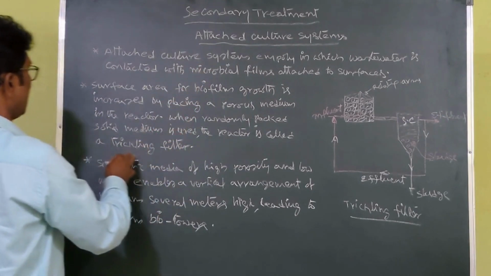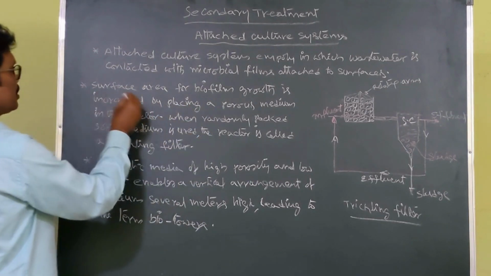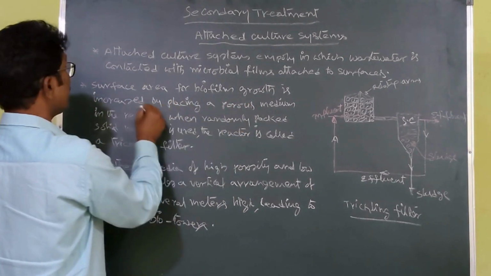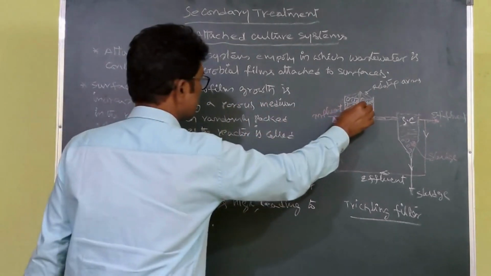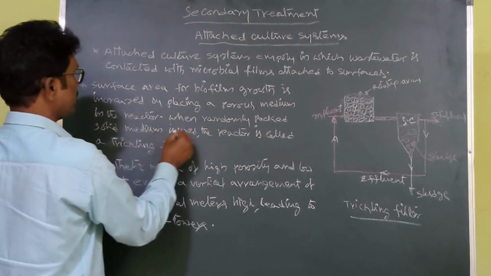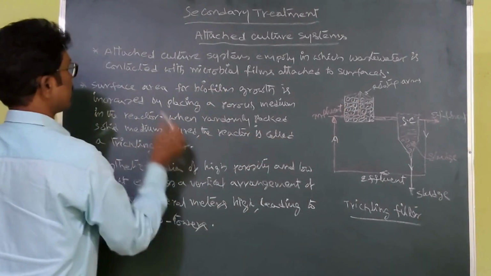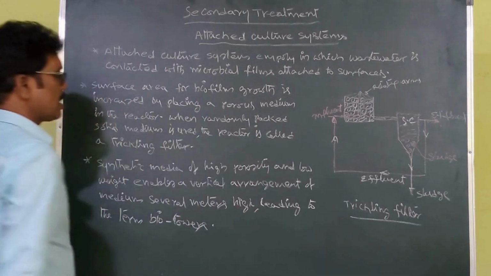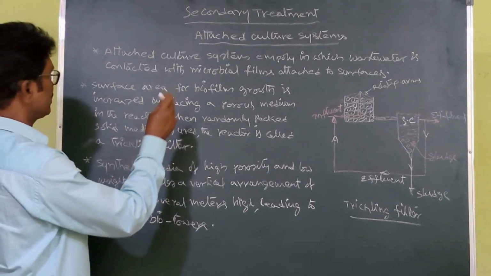Once again, the surface area for biofilm growth is increased by placing a porous media in the reactor. When randomly packed solid material is used, the reactor is called the trickling filter. Okay, next there are different systems available.